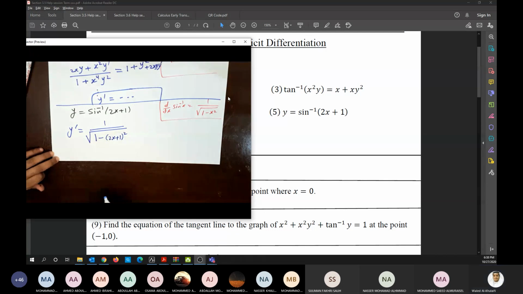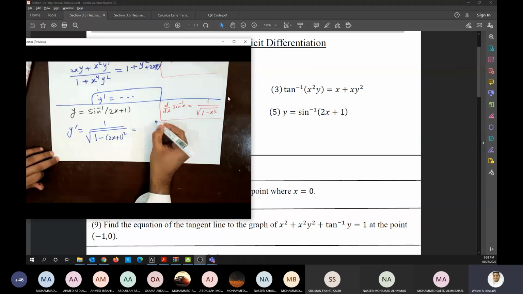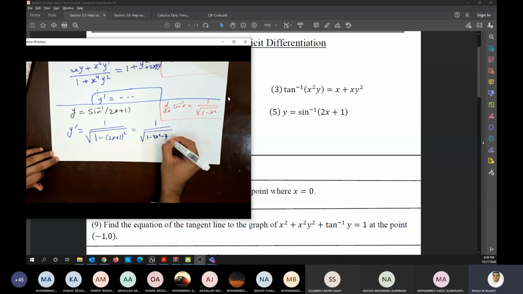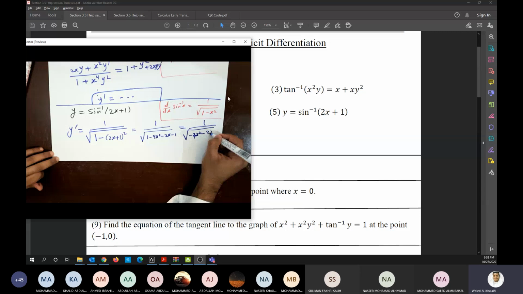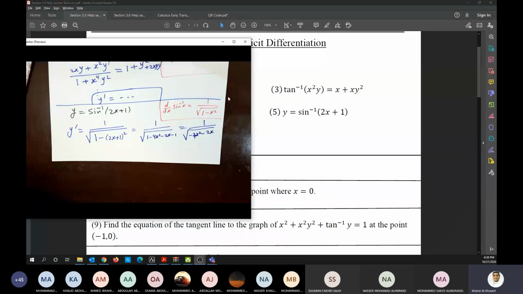And this is equal to 1 over square root of, when you open this, 1 minus 4x squared minus 2x minus 1, which is equal to minus 4x squared minus 2x. Okay, so this is what we are having here.